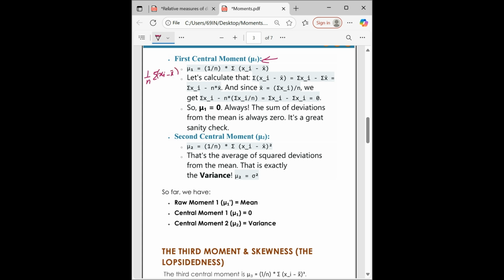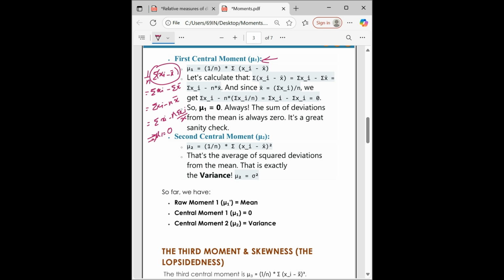Summation (xi minus x bar) is equal to summation xi minus summation x bar, which is equal to summation xi minus n into x bar. And since x bar is equal to summation xi by n, we get summation xi minus n into summation xi by n, which gets cancelled. So mu1 is equal to 0.